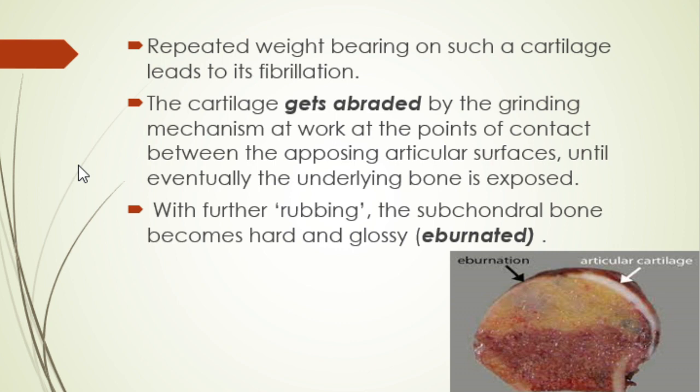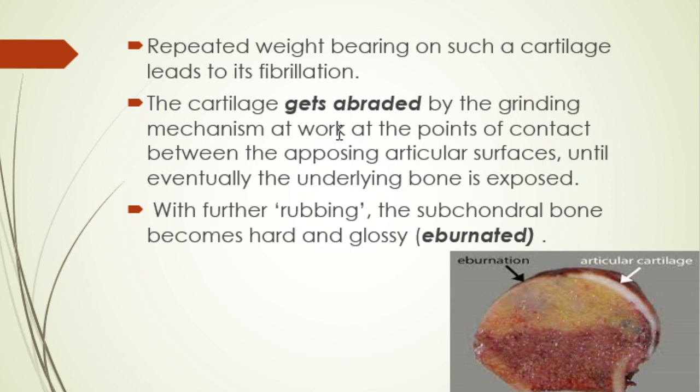The cartilage gets abraded by a grinding mechanism at work at the point of contact between the opposing articular surfaces until eventually the underlying bone is exposed. So after so much grinding, the cartilage will totally get abraded. Abraded means erosion of the cartilage will occur and the underlying bone will get exposed.